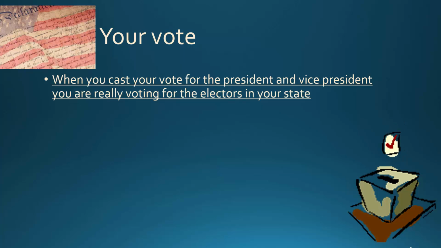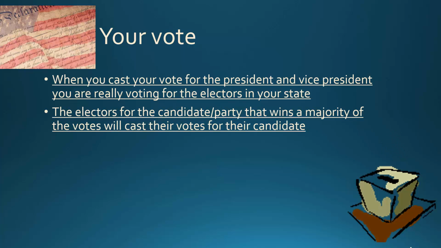When the votes are all counted within a state, whoever has the majority of the votes is the political party that is going to ask their electors to vote for the candidates for president and vice president.